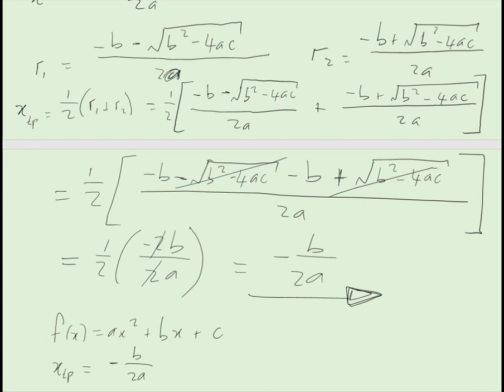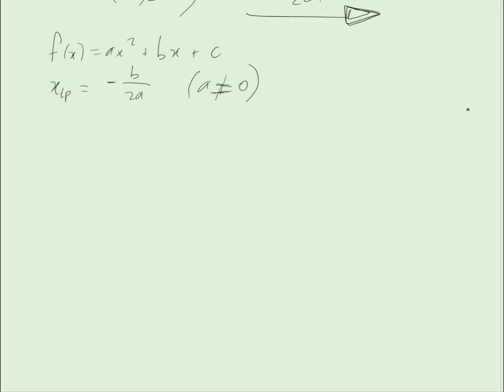And here's another reason why a can never be 0, because of course you can never divide by 0. Now please remember, this only gives us the x value, so we must always remember to calculate the y value as well. So the y value of the turning point, I'll just call it ytp, we get by plugging in the x value into the function.